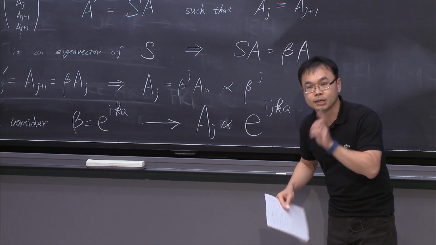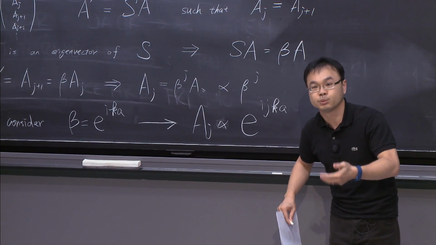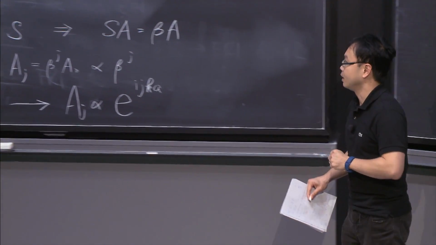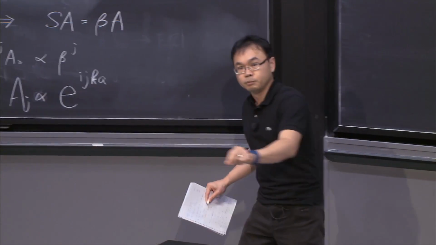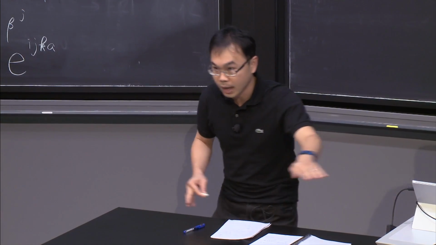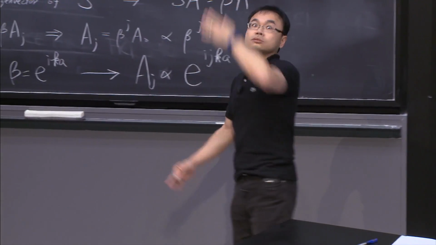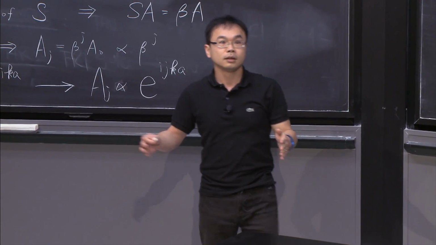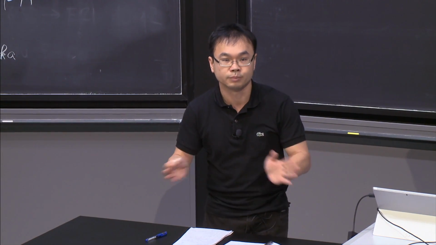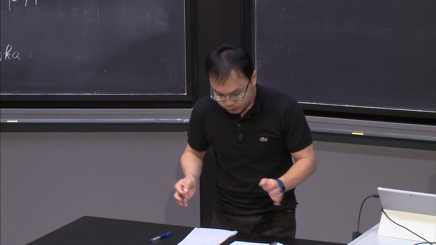If the absolute value of beta is not equal to 1, then A_j is going to increase according to a power law, so the amplitude is going to a very, very large value. That corresponds to some kind of physical system, but not to oscillation.